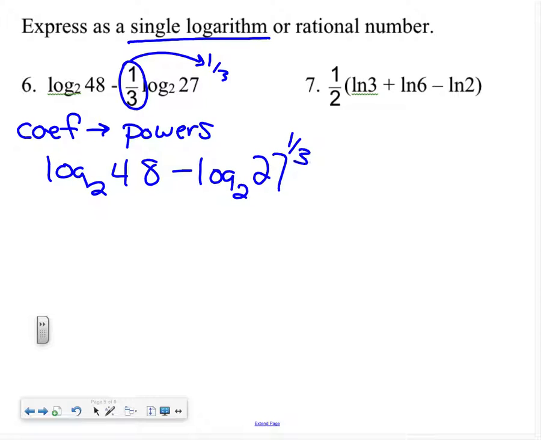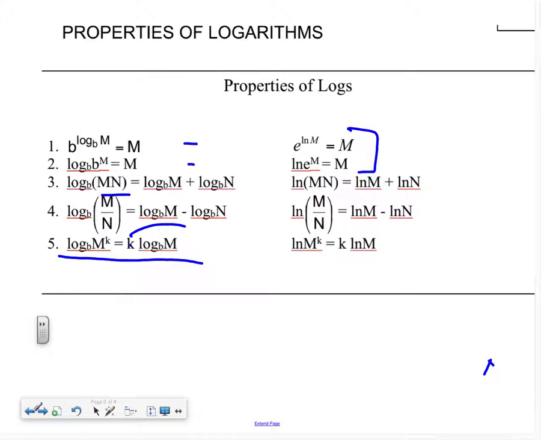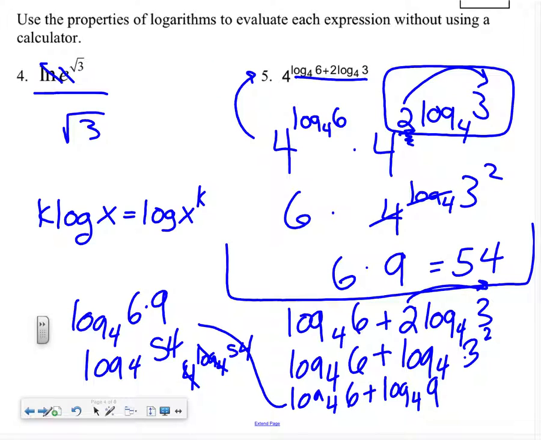Well, what's 27 to the 1/3? 3, it's a cube root. So what you have is log base 2 of 48 minus log base 2 of 3. Do we have a rule for subtraction? What rule is it? It's not 1. It's rule number 4: subtraction turns into division.